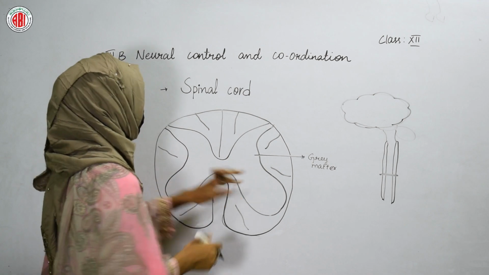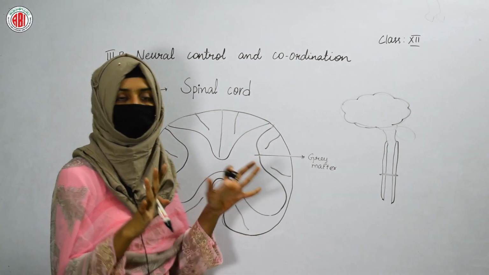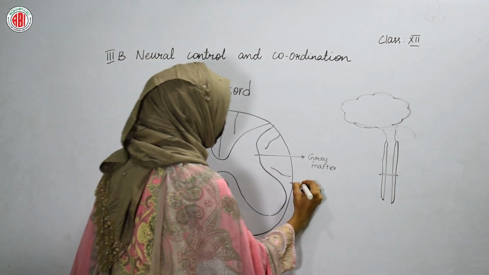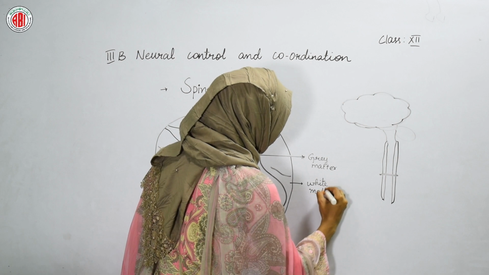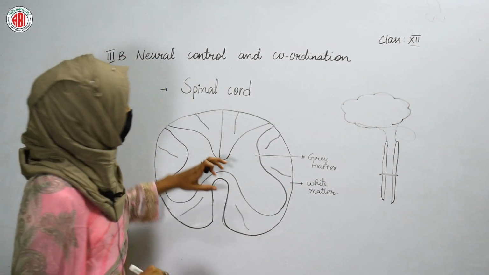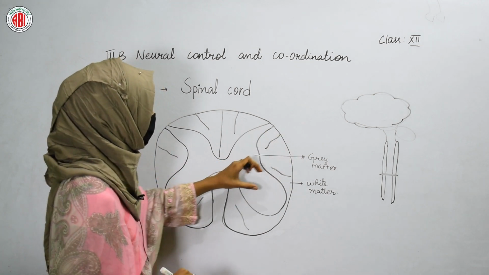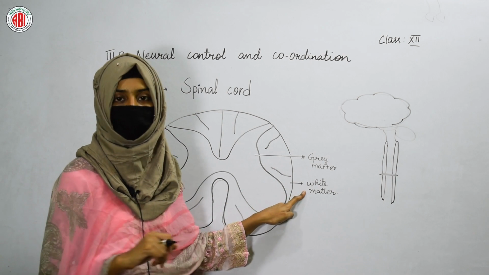Besides this grey matter, the axons extending from the cell bodies form the white matter of the spinal cord. So basically the spinal cord shows the presence of neurons: the cell bodies form the grey matter, and the axons, which are also called nerve fibers, form the white matter of our spinal cord.